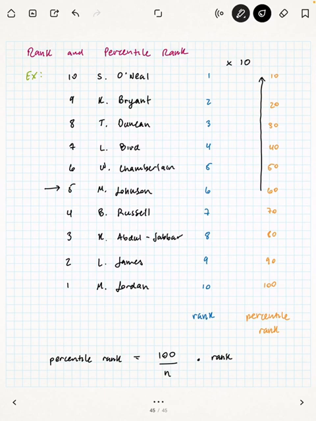And that means 100% of the data distribution is less than or as great as that data value. So in other words, Michael Jordan is greater than or at least as good as 100% of the people in this list.